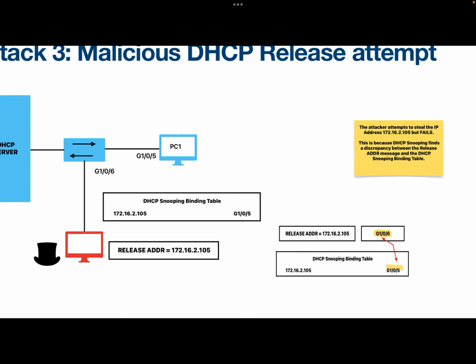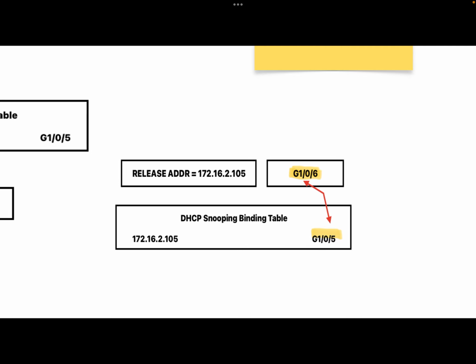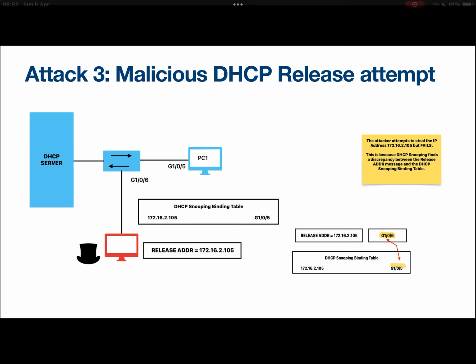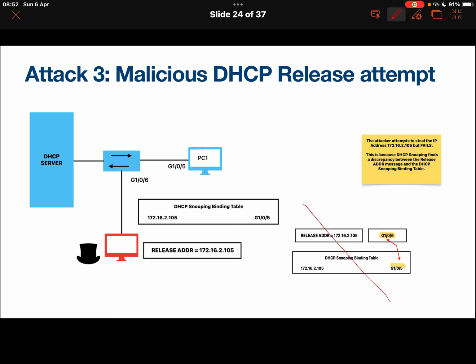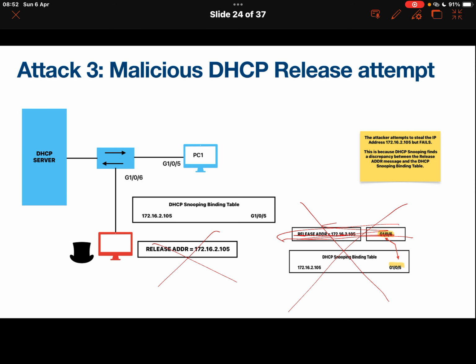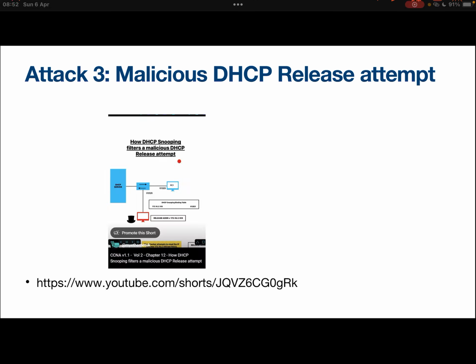So this release message is rejected, because the binding table has confirmed that this was not a legitimate request. So that's the third type of attack that can be prevented.